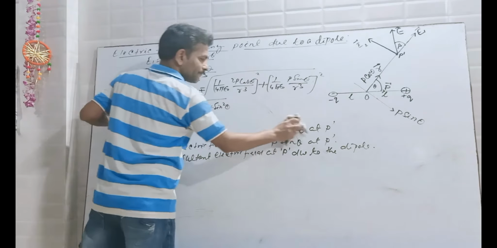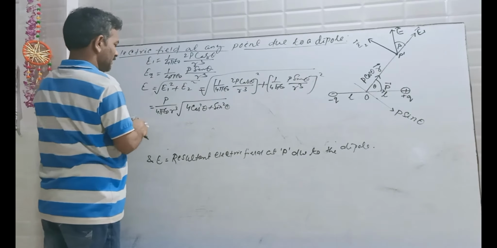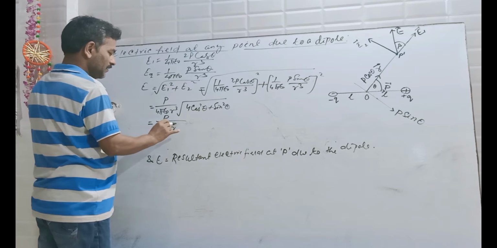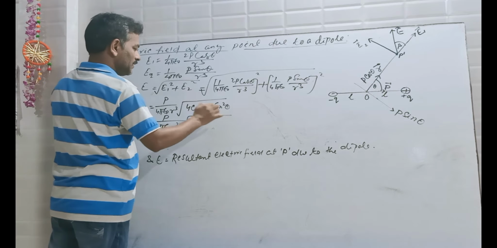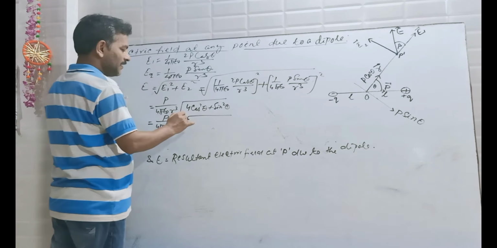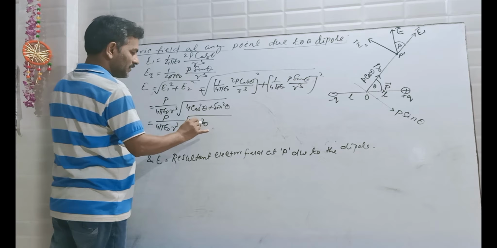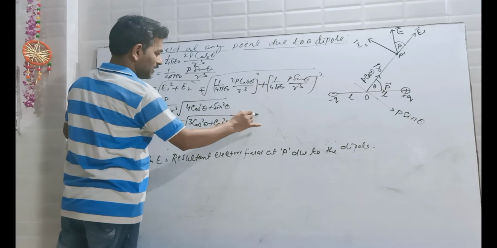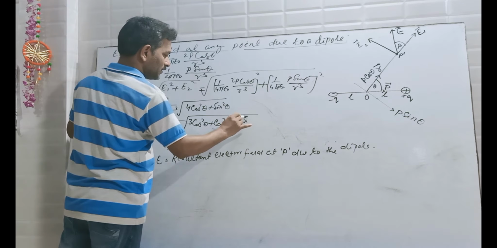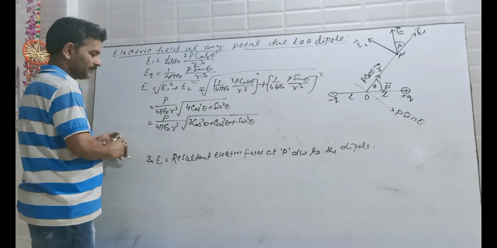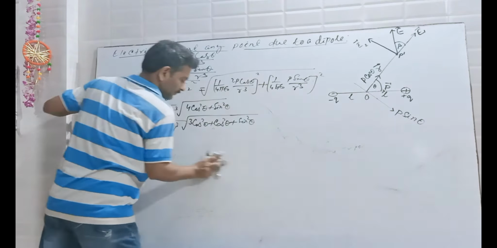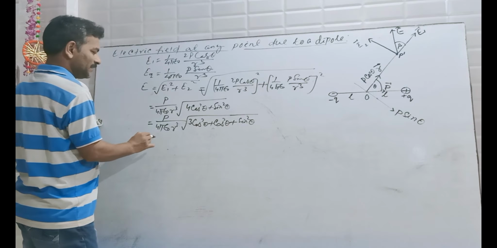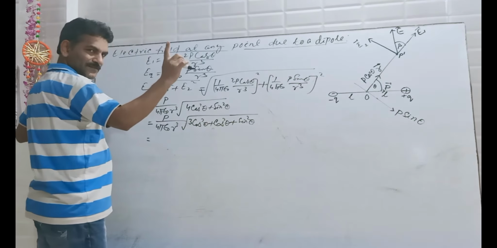So you see P by 4 pi epsilon naught R cube. You split 4 cos square theta as 3 cos square theta plus cos square theta plus sin square theta. Sin square theta plus cos square theta is 1.